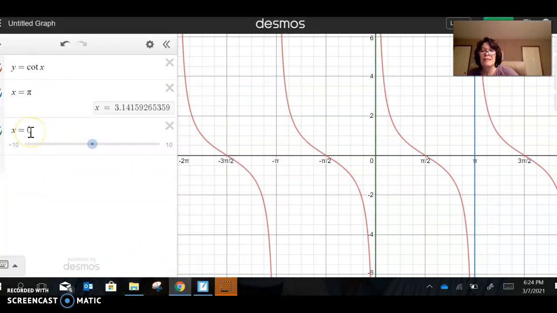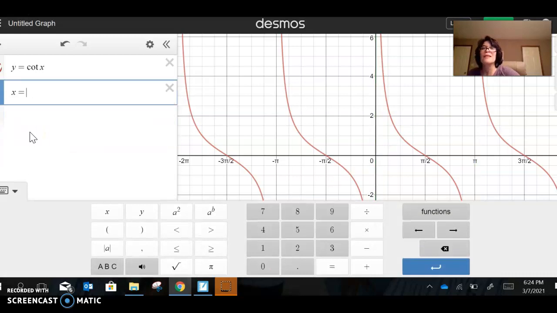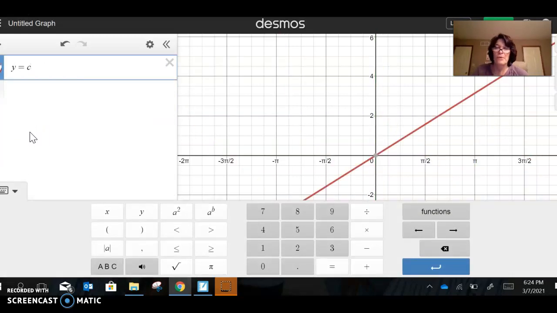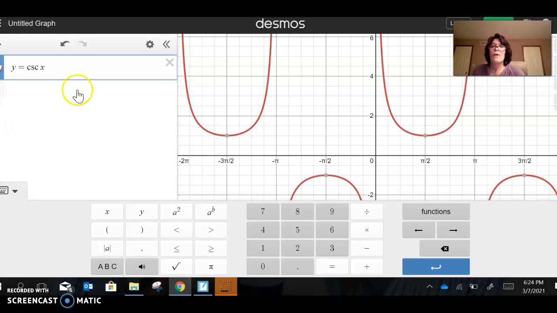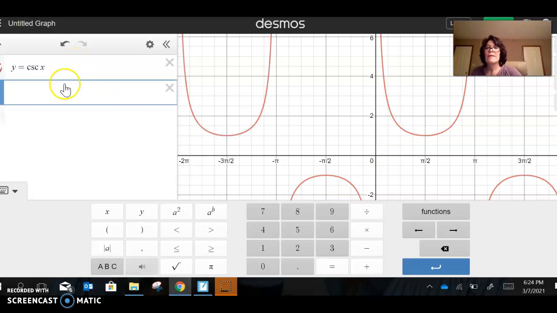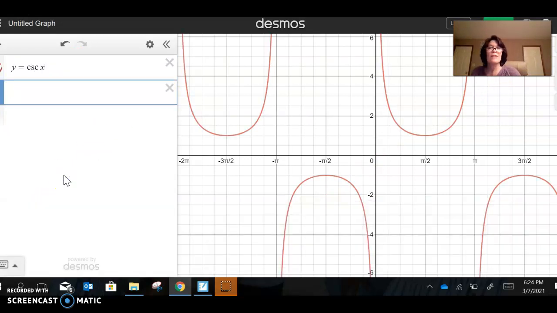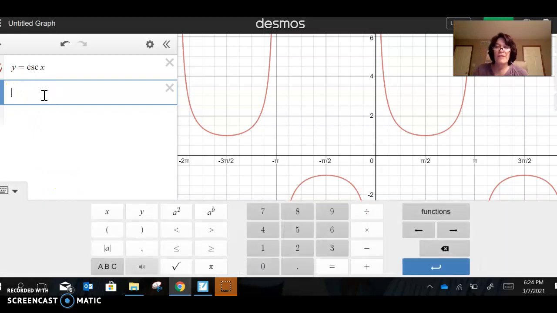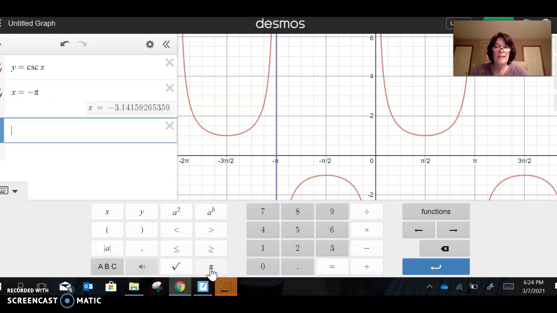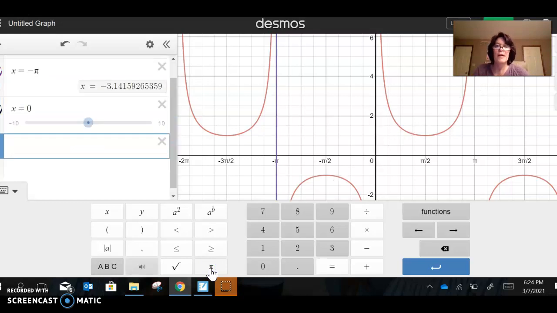Again, let's look at it on Desmos. I hope you're doing that off and on. It's such a great tool. There's y equals cosecant x. Okay, and that looked nicer than what I did. The vertical asymptotes are at x equals negative pi. I'm just going to put some in here so we see them. X equals 0, all the pi's.